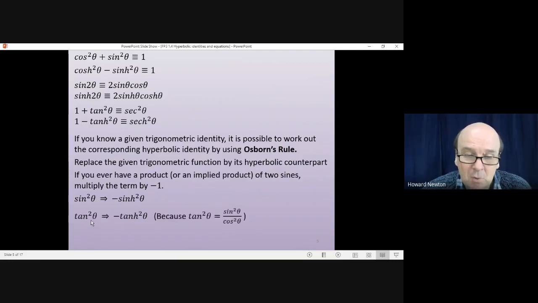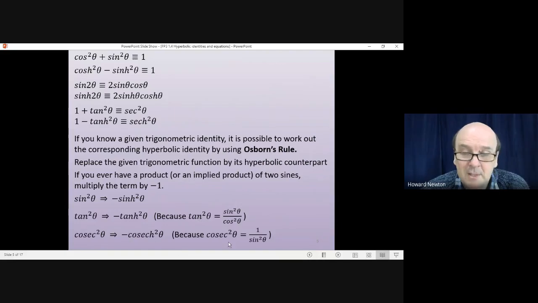Similarly, tan squared will change to minus tanh squared because tan is defined in terms of sine. Tan squared equals sin squared over cos squared. So there's an implied product of 2 sines in tan squared theta. Same thing for cosec squared. That'll change to minus cosech squared because cosec is 1 over sin.